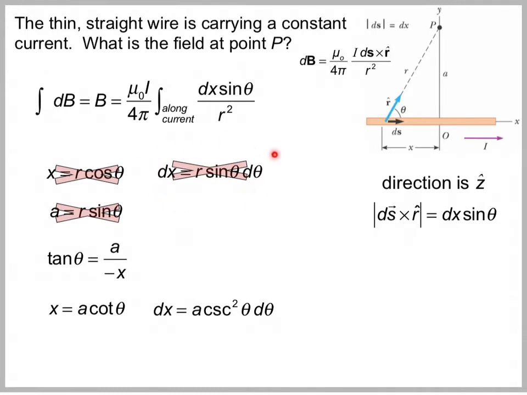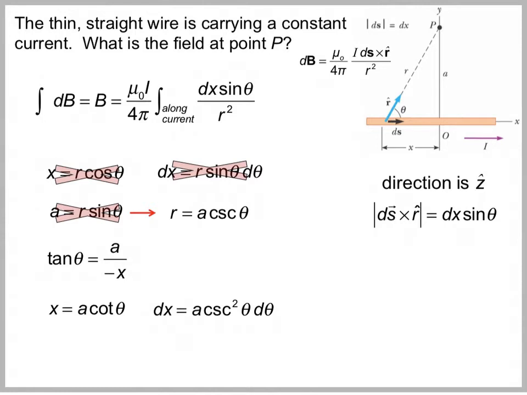I didn't want that. And here's a relationship between r and theta, but I needed x. This one, though, gives me everything I want for dx in terms of just theta. However, from this one, I can also get r as a function of theta. r is equal to a cosecant theta.